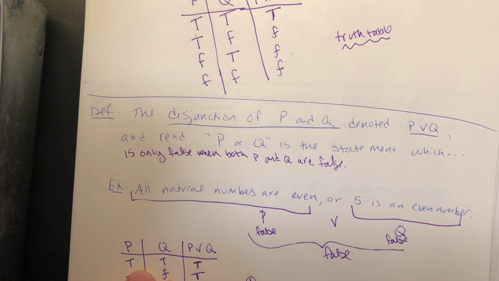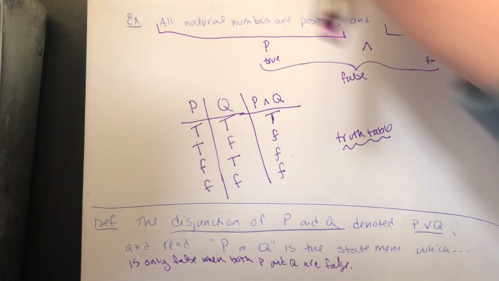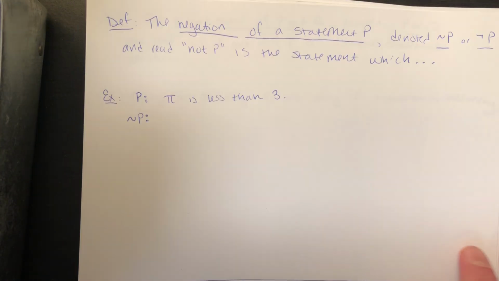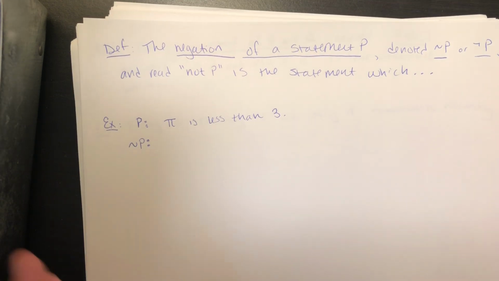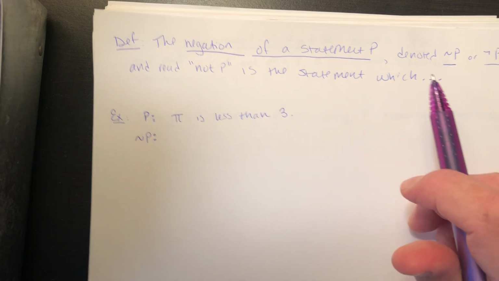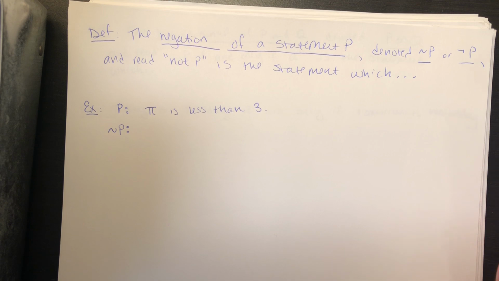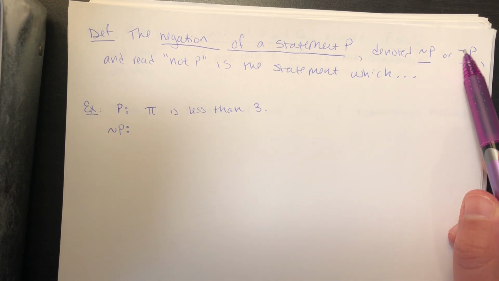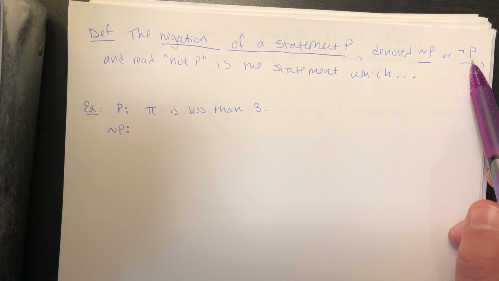So let's look at our next logical connective that we can use. The next one is called a negation. So we say that the negation of a statement P, and we denote it in two different ways, and I'll use them interchangeably because they're both very common. One of them looks like a squiggle, a tilde P, and the other looks like a negative sign with a little tail on it.